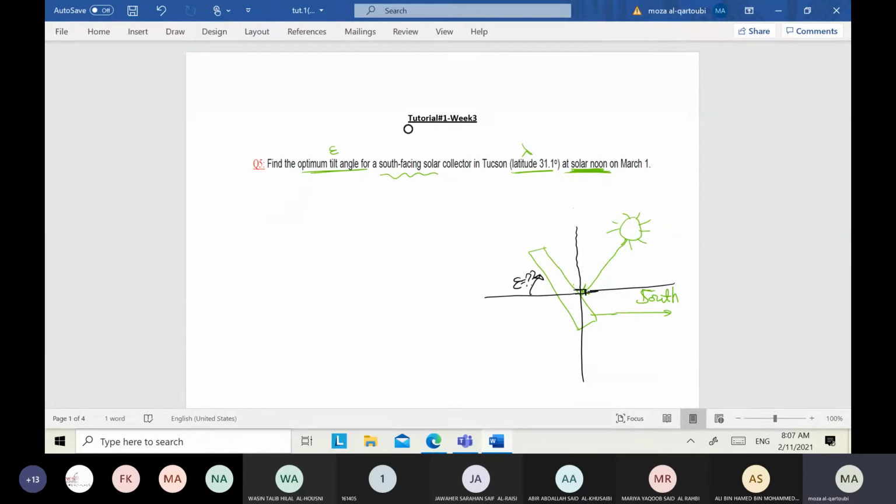the ray of the sun with respect to the horizontal plane is called the altitude angle. Okay, the altitude angle is different from the latitude angle. We have the latitude angle lambda, but the altitude angle has the symbol beta. Beta means the angle between the sun ray and the horizontal plane.